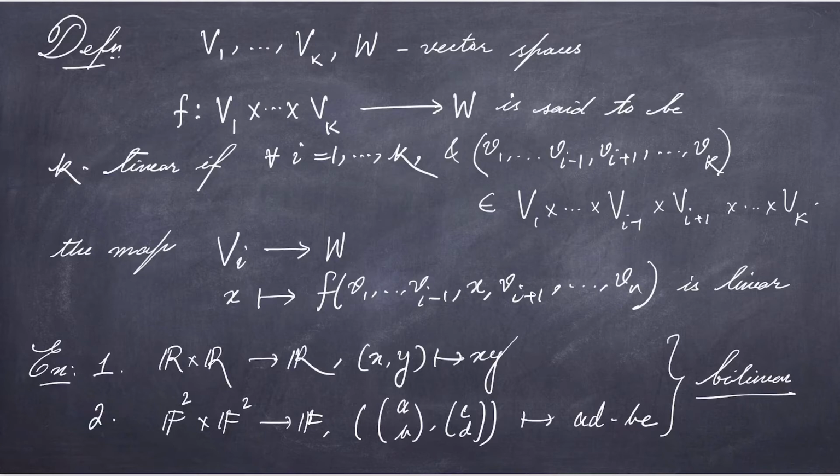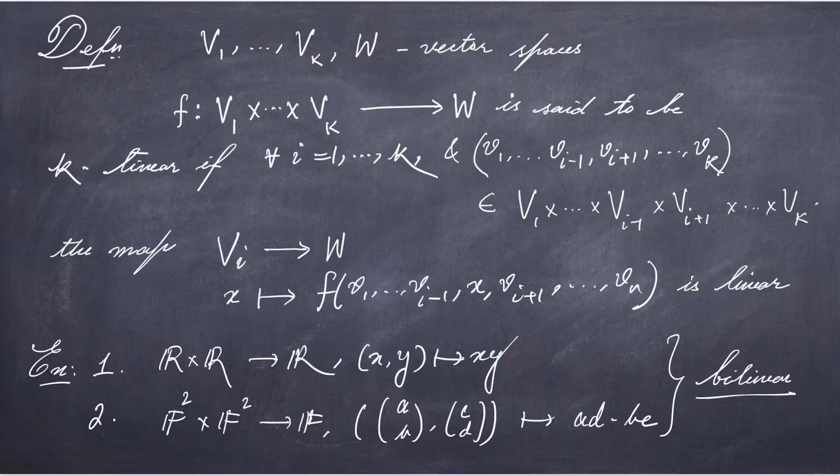If k is 2, then those maps are called bilinear. This is perhaps the simplest example: a pair (x, y) goes to xy, the usual product. You can easily see that if you freeze y, then x goes to xy is a one variable function of x, which is linear. So this is one example.